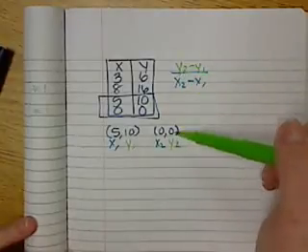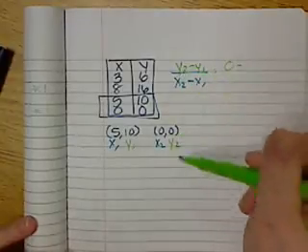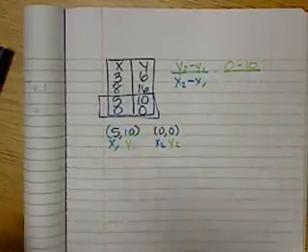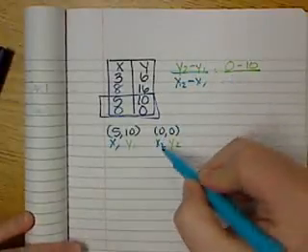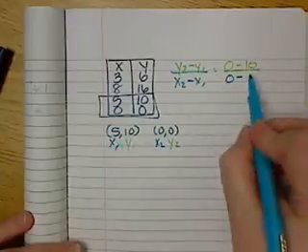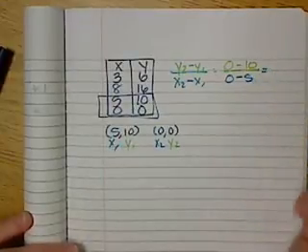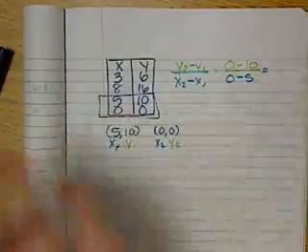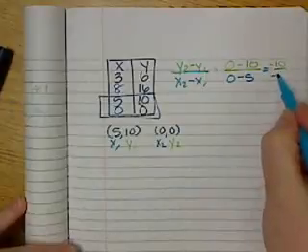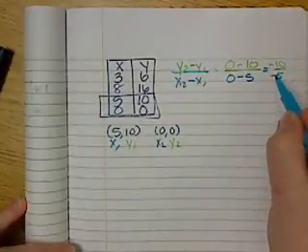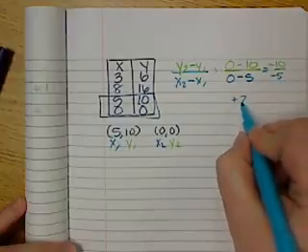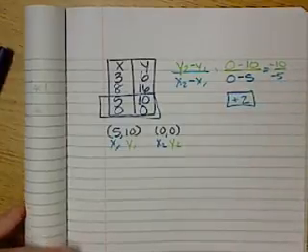So y2 was 0 minus y1, which was 10, over x2, which is 0, minus x1, which is 5. So if I go ahead and work that out, this should give me negative 10 over negative 5. A negative divided by a negative gives me a positive, and 10 divided by 5 gives me 2. So I should have positive 2.